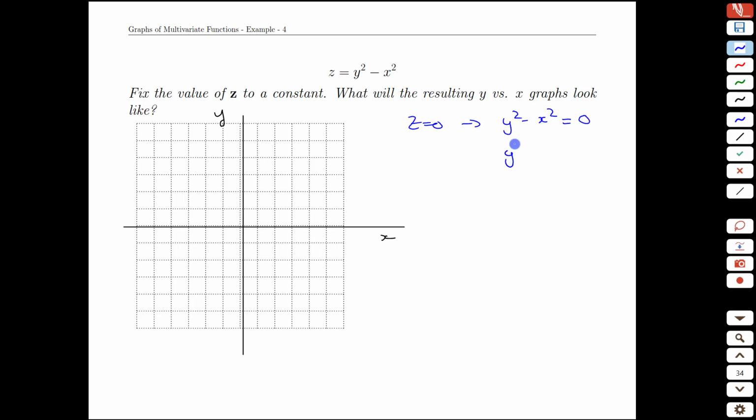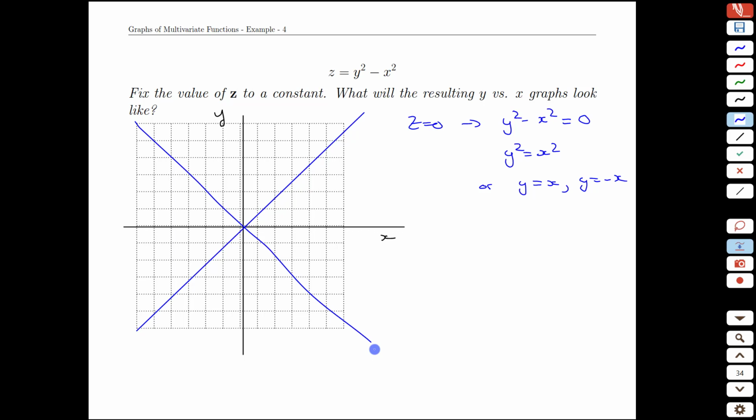That gave us y squared equals x squared, or y equals x, or y equals negative x. And that was our straight line graphs like so. Those corresponded to height 0, and we had the negative z's here, and the positive z's here.